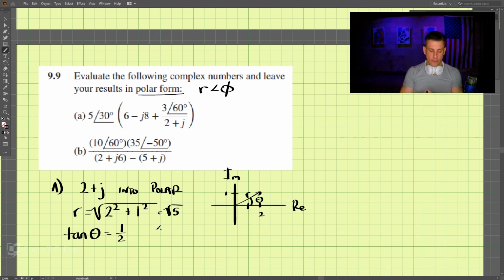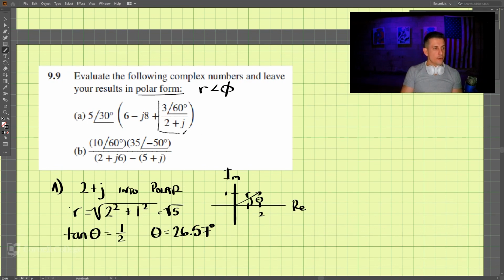Let's perform that calculation. That means theta is 26.57 degrees.